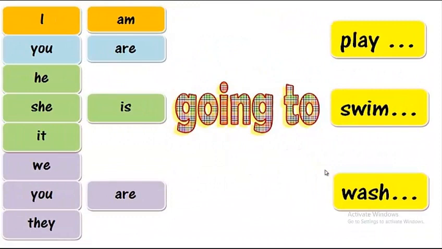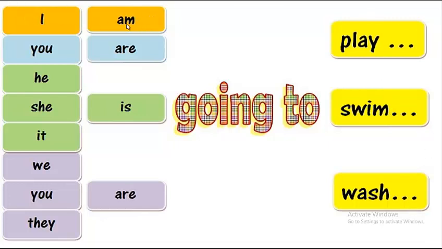Now, my dear students, after reading these examples, let's explain our rule today. We use going to for future plans or intention, preceded by am, is, or are, and followed by the base form of the verb.